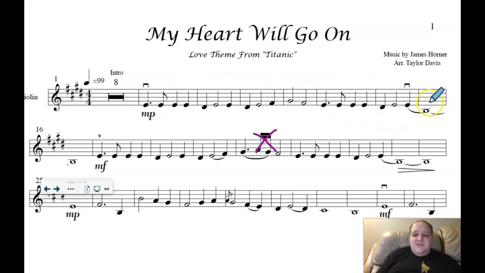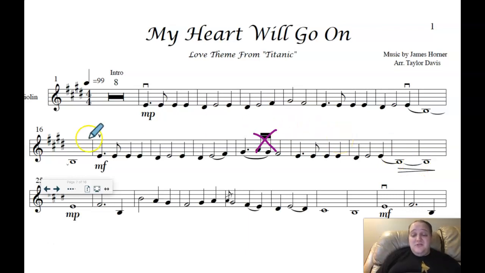These 24 measures sing the exact same thing. That's 12 measures, or 15 measures, 16 measures. Again, the same idea.